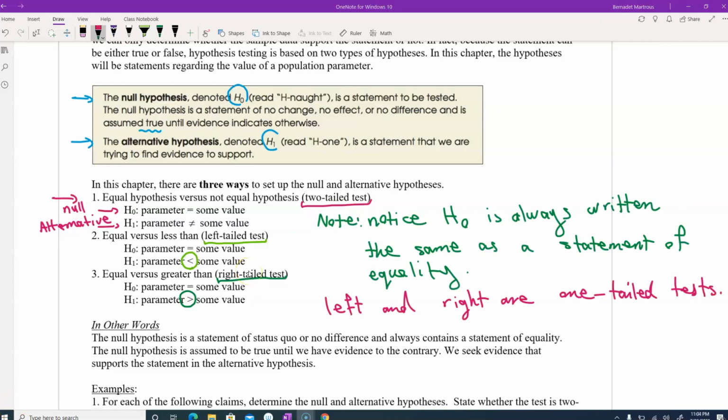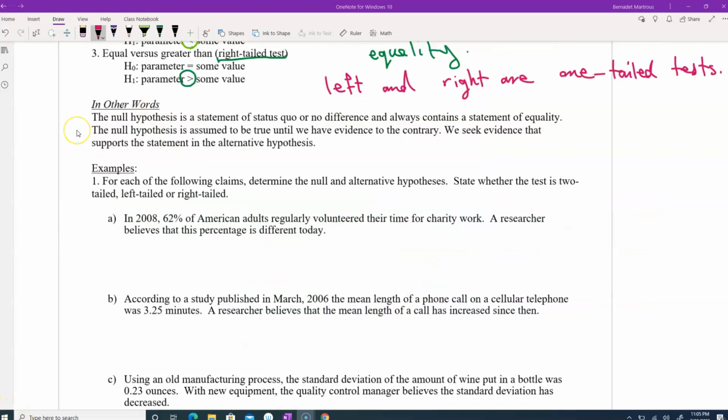As I said, for all of these, for the null hypothesis, we have equality. H-naught is always written the same as a statement of equality. For these two, since one is a left tail and one is a right tail, we have one-tail tests. The one on top is a two-tail test. Each of these two is a one-tail test.